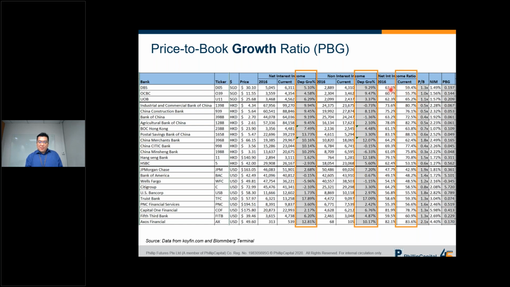In the past, DBS was almost 63%, now it's 59. OCBC was 60%, now 55. The only bank that increased on the net interest income ratio is UOB, meaning their net interest income is still at a higher percentage. JP Morgan, I mentioned, was 47%, and now it's 43%, which means they're now earning more from non-interest income than from net interest income.